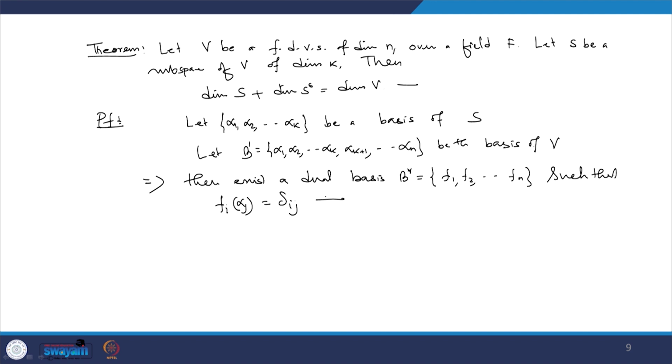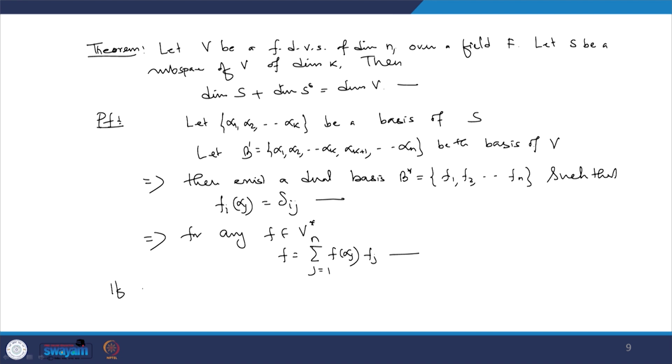So, this implies for any f belonging to V star, I can write f as the sum of f of alpha j times fj, j equal to 1 to n, that is what we have already learned from the last results. So, I can express any linear functional of V star as a linear combination of these.